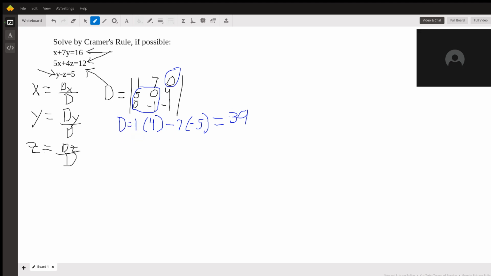Notice over here, if D were 0, then we would be dividing by 0, which is not allowed. Then we would have to apply another method such as substitution, elimination, and so forth.